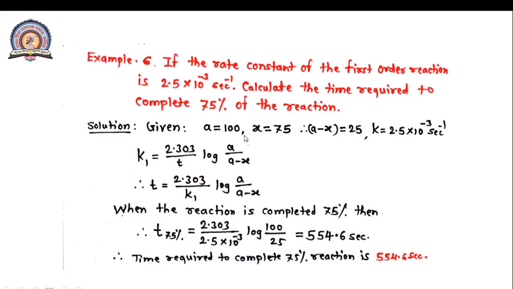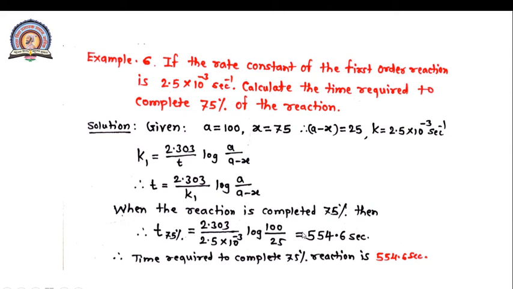Now here, calculate the time. When the reaction is completed 75%, the time required is equal to 2.303 divided by 2.5 into 10 raised to minus 3 into log 100 divided by 25.